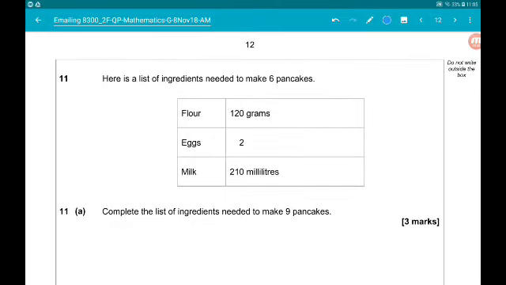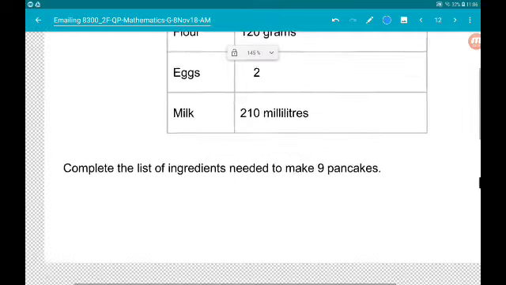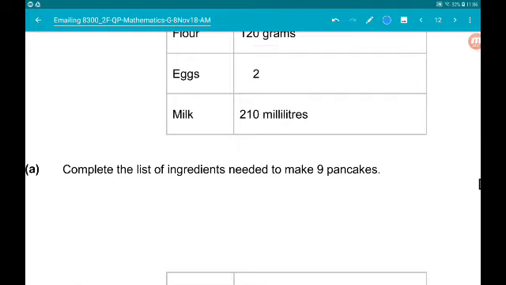Okay, question 11, we got a recipe question for 6 pancakes. Yes, please. So we need 120 grams of flour, 2 eggs, 210 milliliters of milk. Part A wants us to complete the list of ingredients for 9 pancakes.